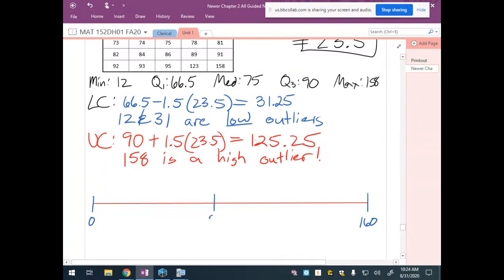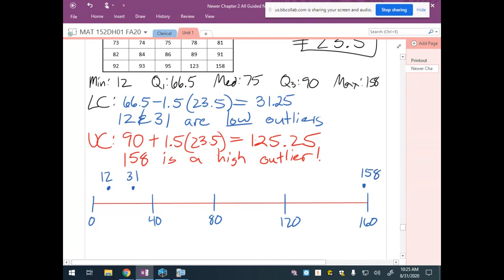So here's 80. And we'll do 40 and then 120. So we do have 3 outliers to put in. 12, which is probably about here, and 31. And 158.